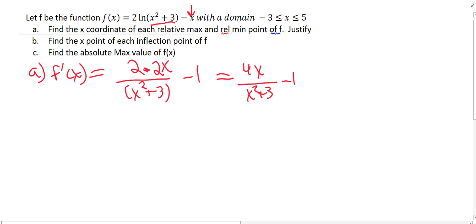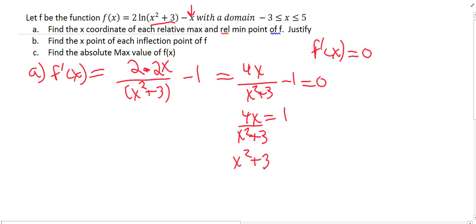And now we're going to set the first derivative equal to 0. If we solve that, we get 4x over x squared plus 3 equals 1. Then we can cross multiply to get x squared plus 3 equals 4x.